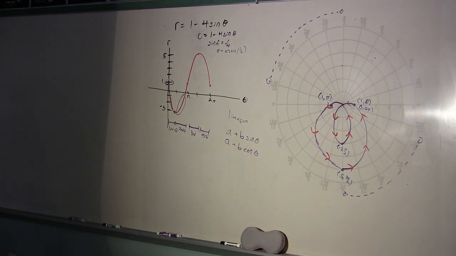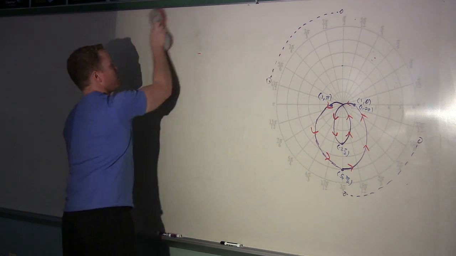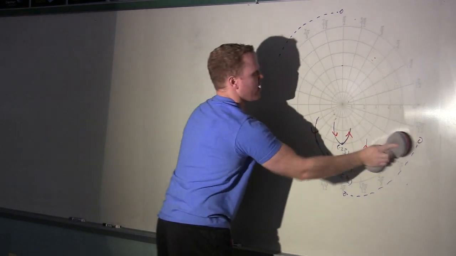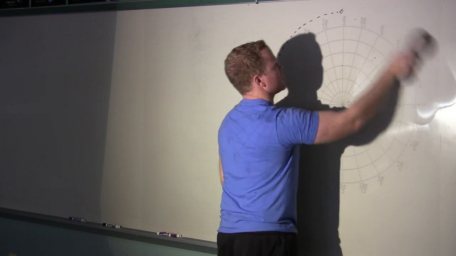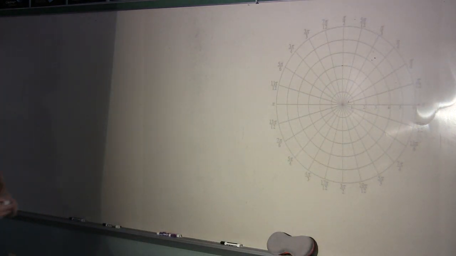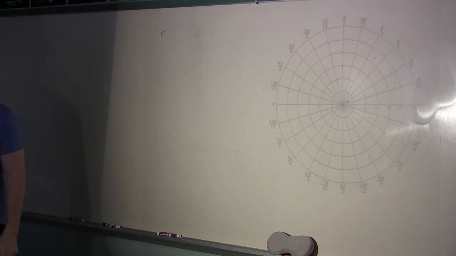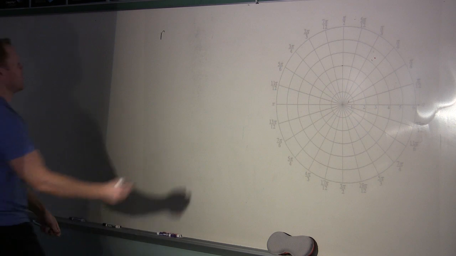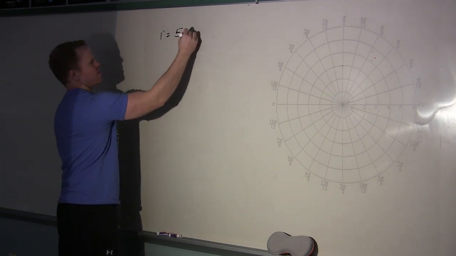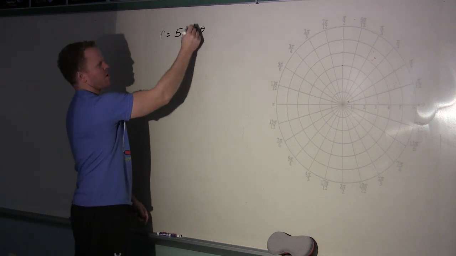The first one is r equals 4 sine theta, and then we're actually going to graph one where we change the period. You have 8 minutes, so if you go fast, you can squeeze them both in. Okay, 7 minutes. So actually, let's just skip to the last one then, to be super confident. We will finish this. Let's do 5 sine 2 theta. So at least one where we actually change the period.